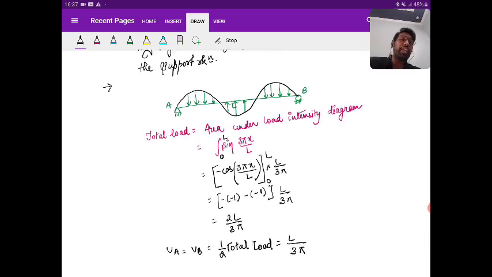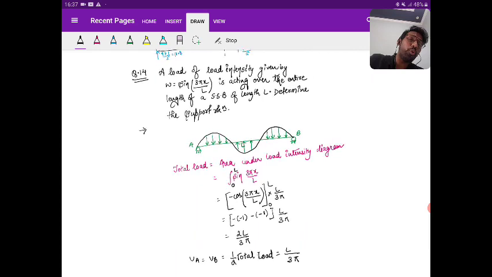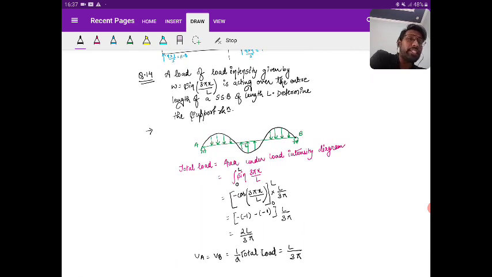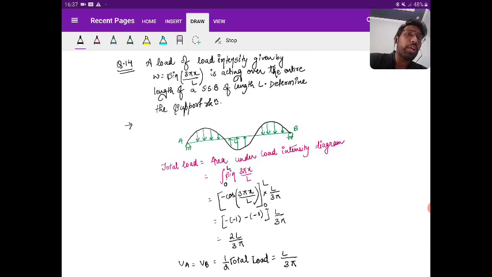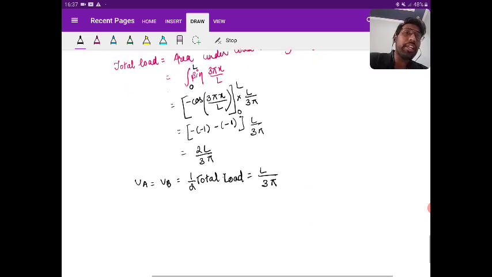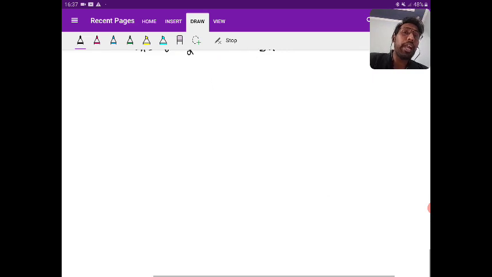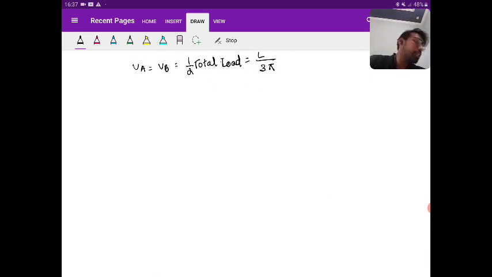So any shape is given. If you can draw the shape, you can understand how you can find the support reaction. I hope you can solve any question that can come regarding the support reaction. We have solved all types of questions which are possible in support reaction.